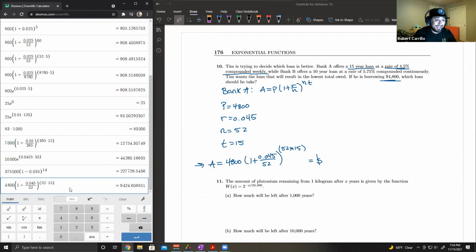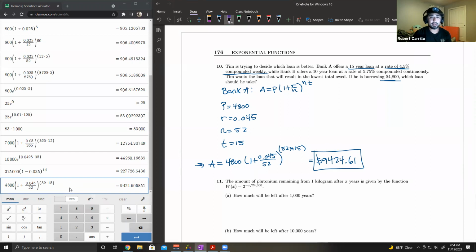So with Bank A, at the end of the 15-year loan, Tim would actually have to repay $9,424.61. So Bank A is going to make him pay almost double what he took out in interest. Bank A is not looking good, guys.